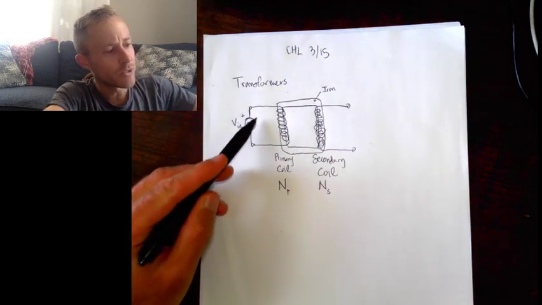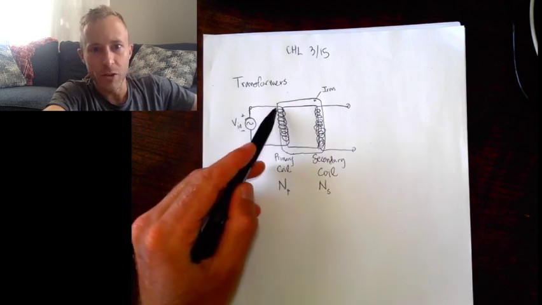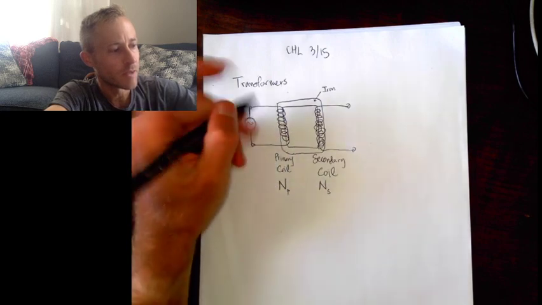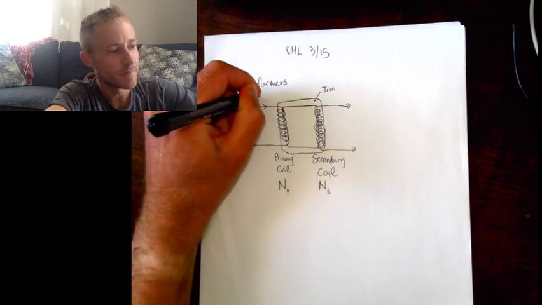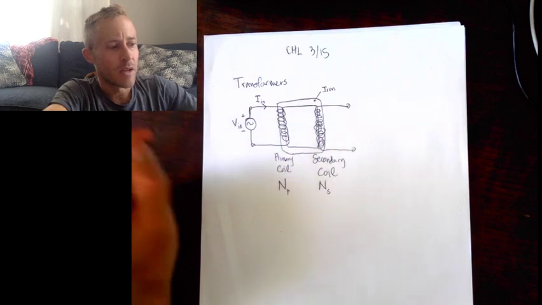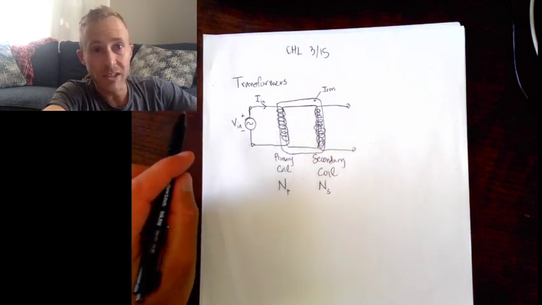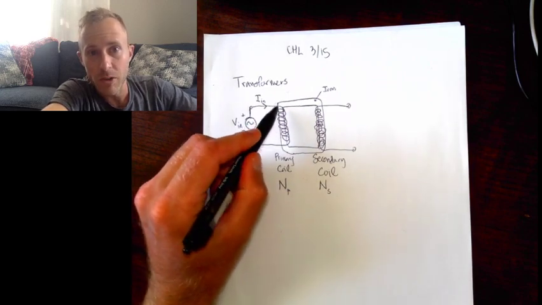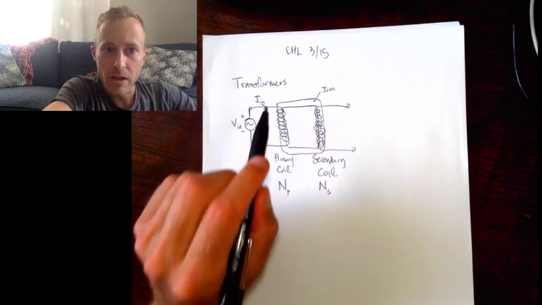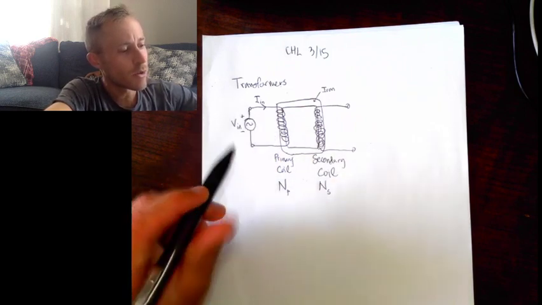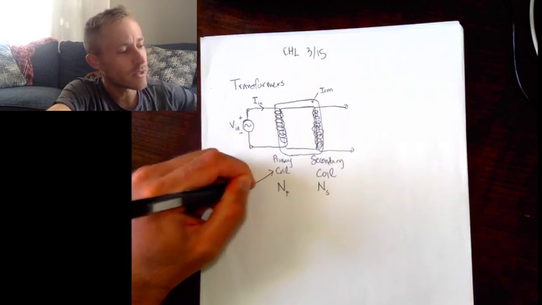That voltage is going to produce a current that goes through this coil. Okay, so there will be a current that goes in. And when that current goes through this, you might remember that this is called a solenoid. And when current goes through a solenoid, it creates a magnetic field. So the primary coil is basically acting like a solenoid.